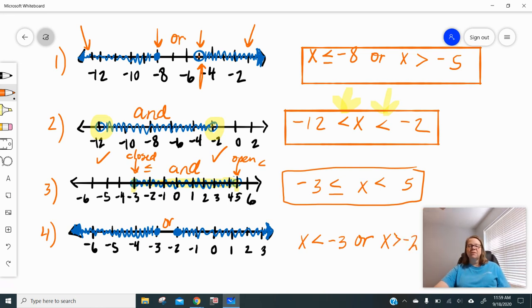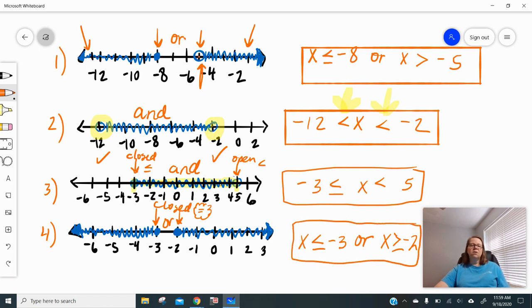Now I have to make sure that I do my equal to parts. I've got to pay attention whether it's open or closed. These are both closed, and so they're both going to have the equal to part in them. All right, so x is less than or equal to -3, or x is greater than or equal to -2.